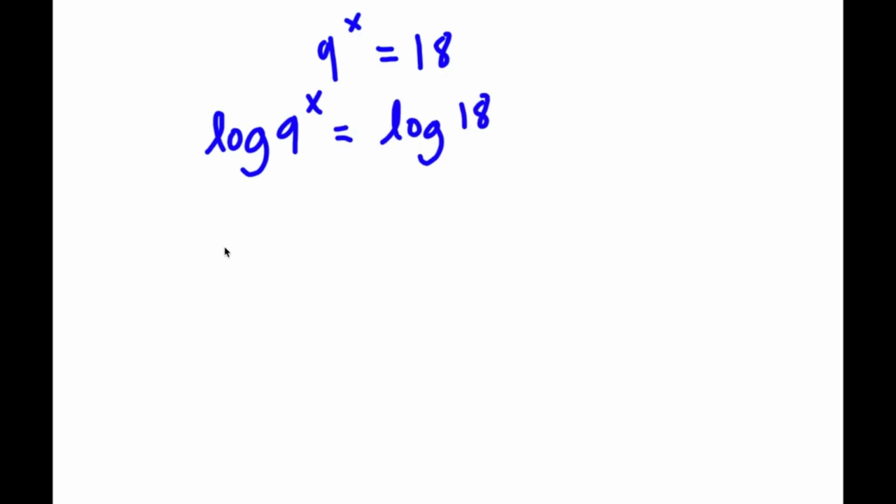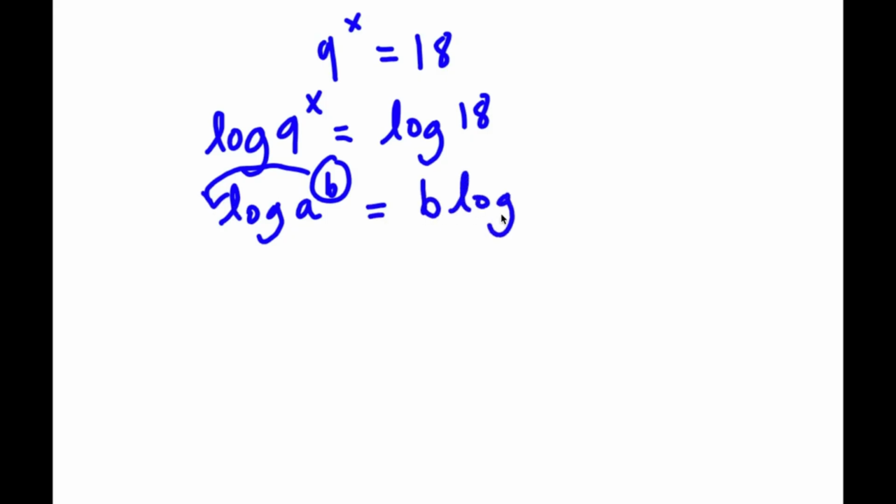Now, an important property of logarithms is that, let's say we have something in the form log a to the power of b. We can actually move this exponent b to the front of the logarithm. So this is going to actually equal b times log a.